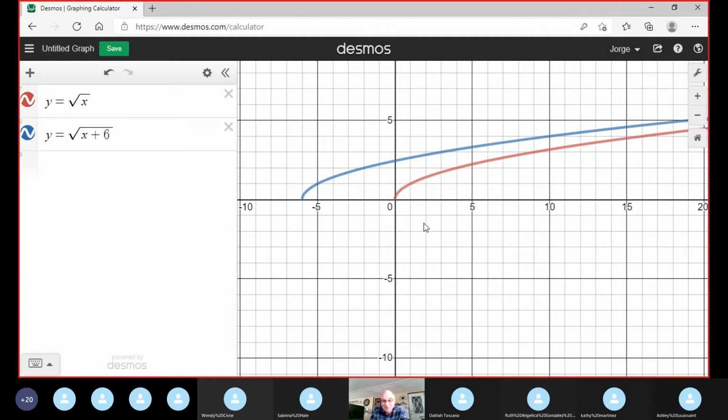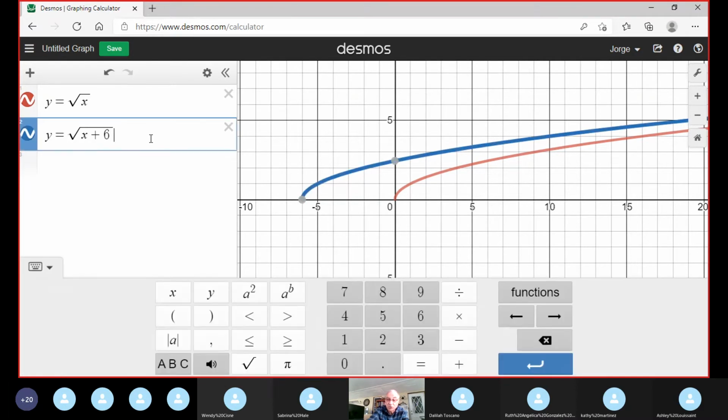What is the transformation? The transformation was horizontal shift 6 units to the left because it's plus. So the mnemonic that you need to remember: when it's inside the parenthesis, it's horizontal and it's opposite signs. It's plus, so it's to the left.